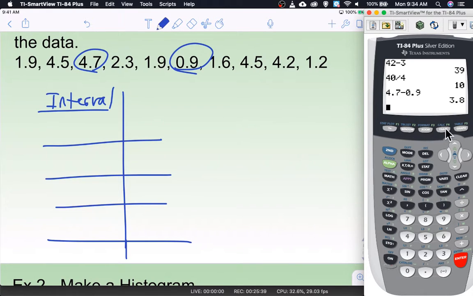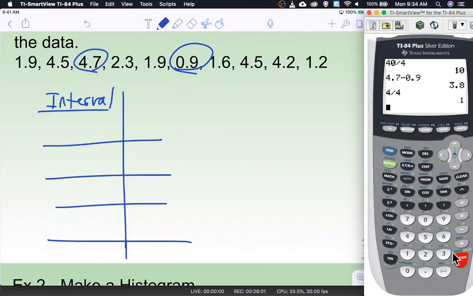So 3.8. Does that divide by, well, maybe we can round this. Maybe we can make this like 4, right? We can round that up a little bit. I wouldn't round down, but you can round up a little bit. So if we divide by 4 categories again, each category would be 1 big, a whole number big.